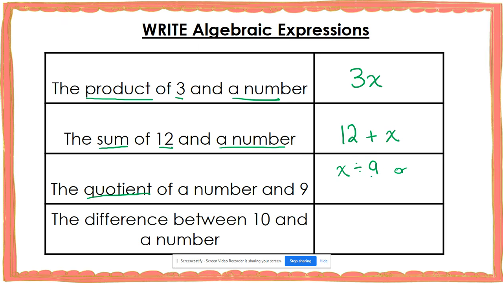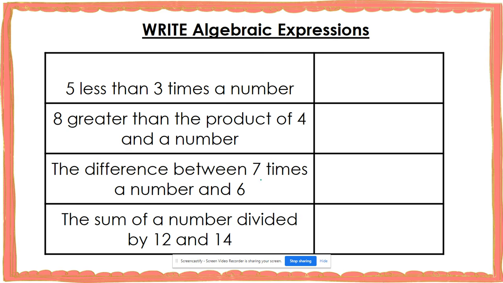So I could also write x over 9, which still means x divided by 9. I have the difference between 10 and a number. Difference means subtract, so I would be subtracting 10 and a number, which I'm going to use x for.